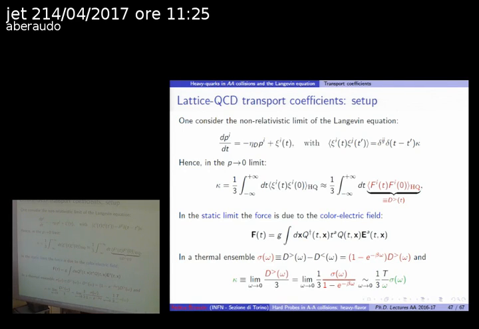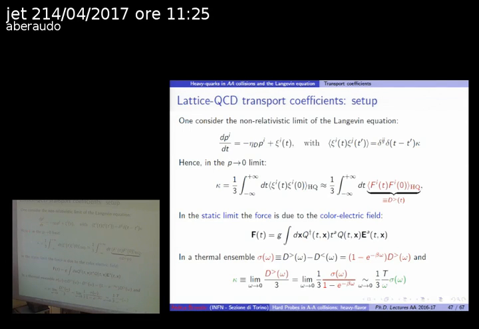So in this case, the Langevin equation can be written in its non-relativistic form, in which I can neglect the difference between transverse and longitudinal, and also the momentum dependence of this kappa. Remember, in general, I have a kappa transverse and a kappa longitudinal. Here I have just a kappa.